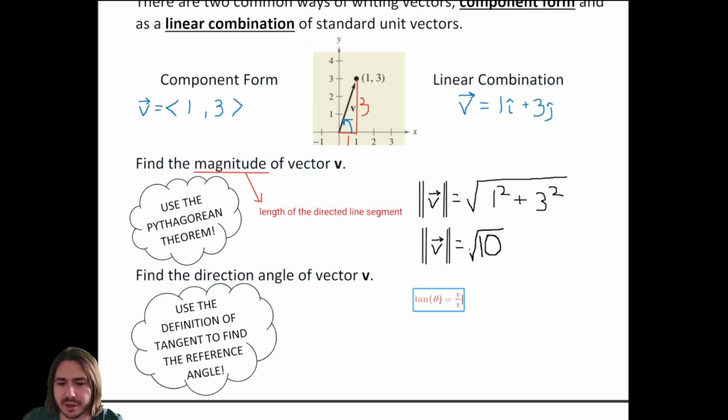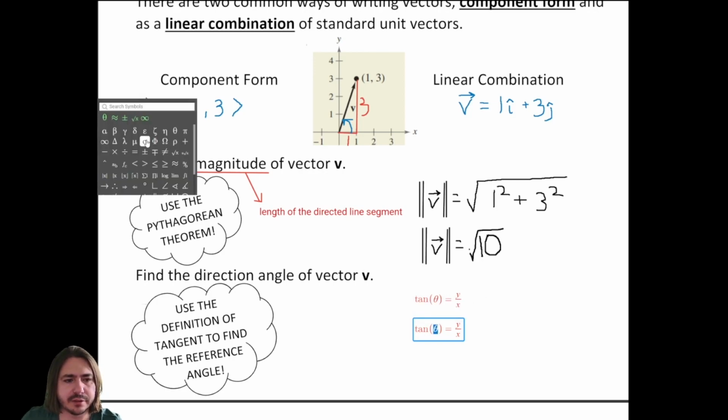So one of the things that we talked about a lot last semester is how if we're trying to find this angle measure and I solve for theta here, I'm actually not necessarily getting the theta that I want. This is going to give me the reference angle. Okay, so the reference angle, meaning like this angle inside the right triangle.